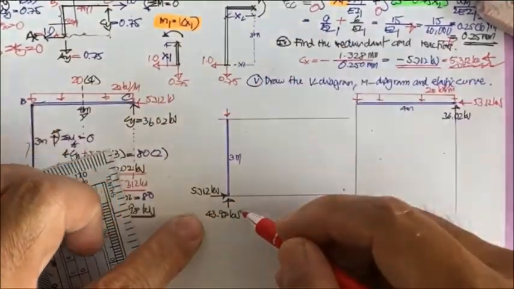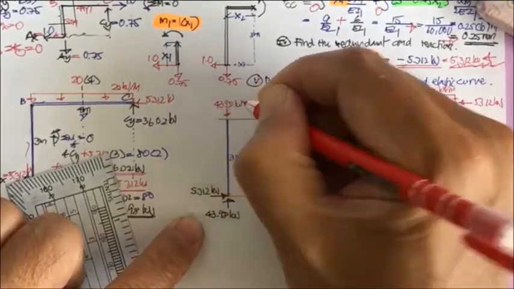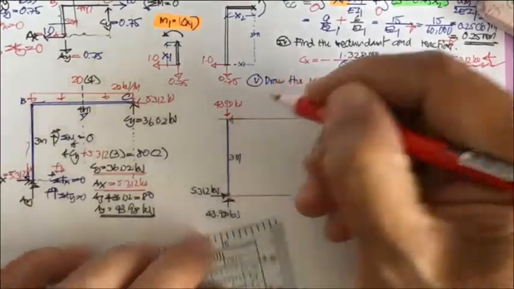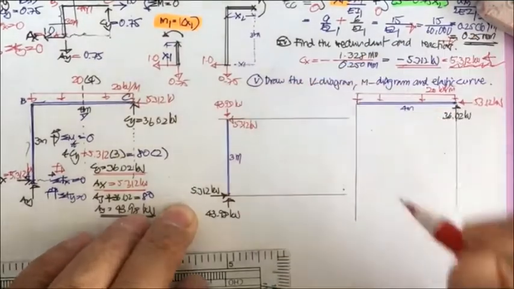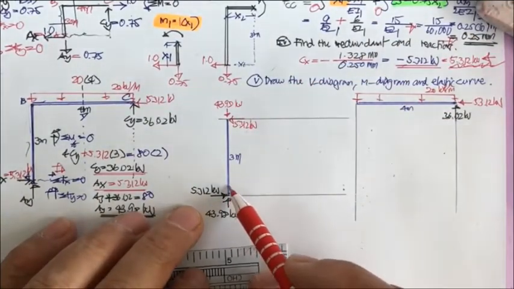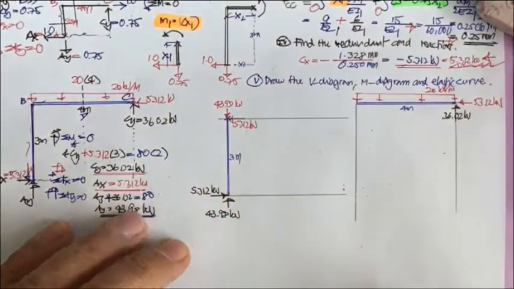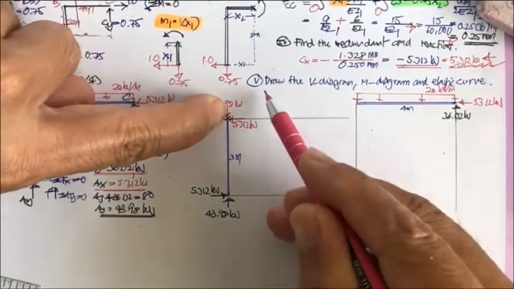This is going to be 43.98 kilonewton, and this one will produce 5.312 kilonewton. And due to this, it is going to have the moment applied here. If you take the moment over here, you can see this one is going to rotate in this direction.